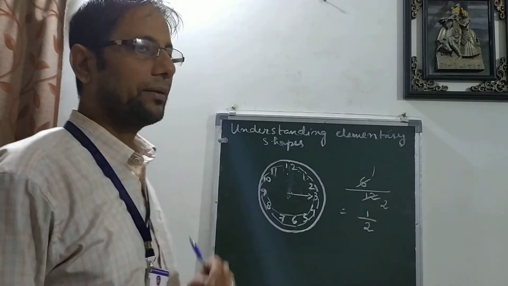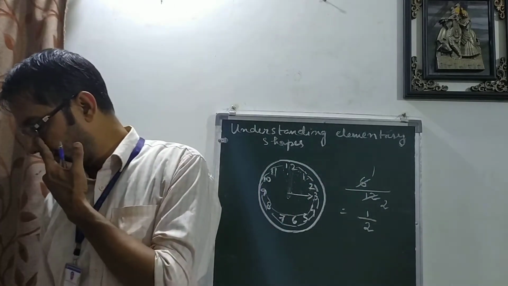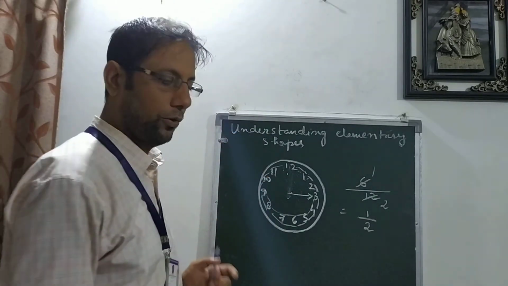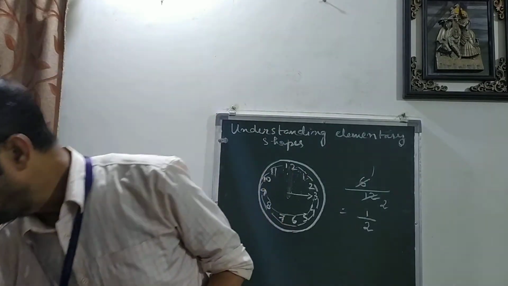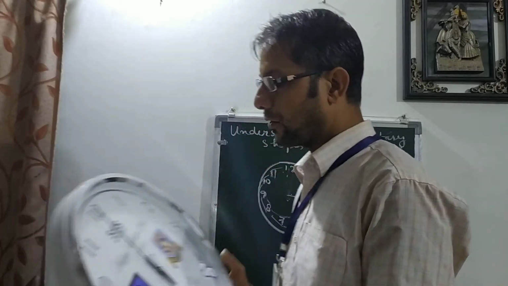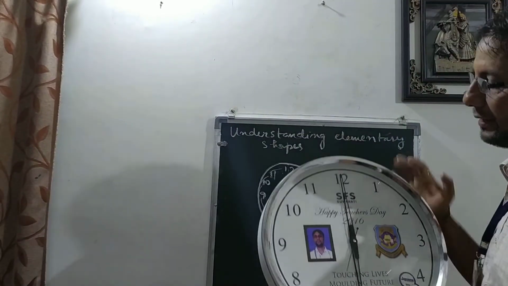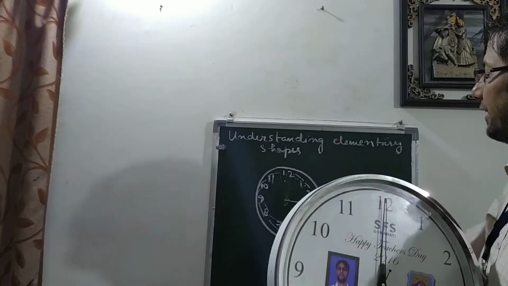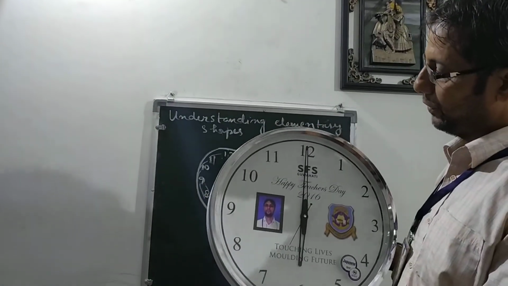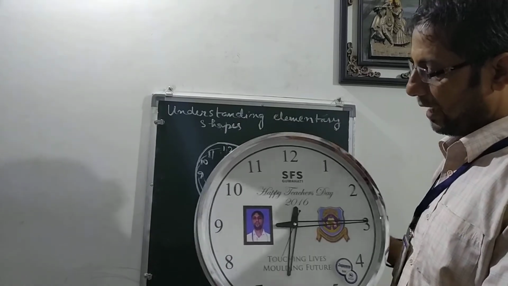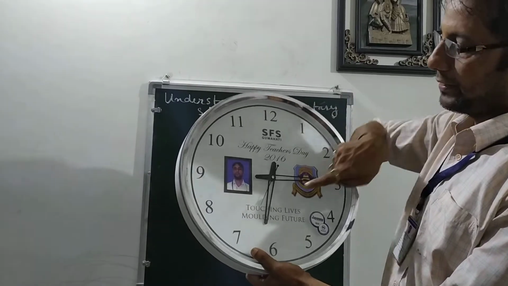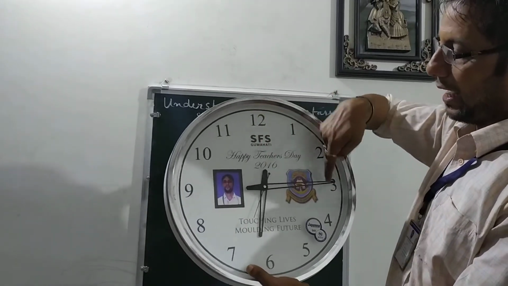Now another example, students. Let me show you with the help of a clock. This is the clock, and this is the minute hand. I am looking at this hand only, this is the hour hand, this is the second hand.